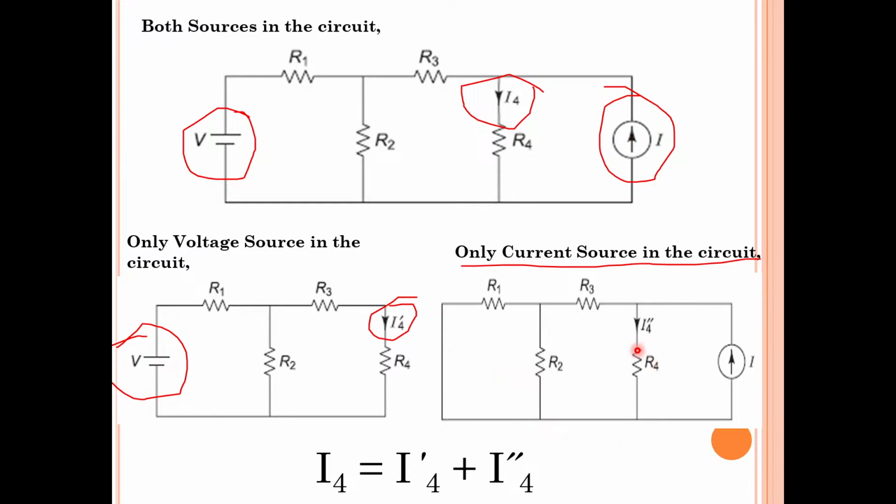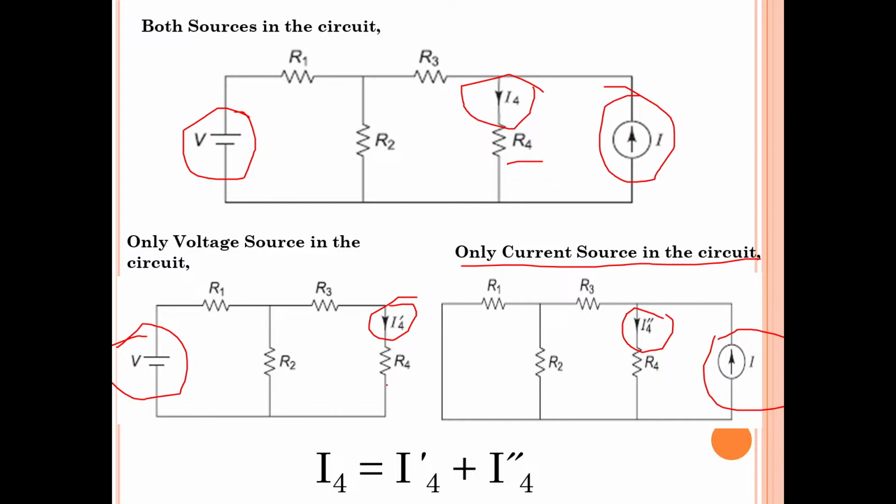Now let us consider the same resistor R4. When only the current source is present, what is the current in R4? That is I4 double dash. According to the superposition theorem statement, in a linear network containing more than one independent source, the resultant current in any element, which element did we consider here?